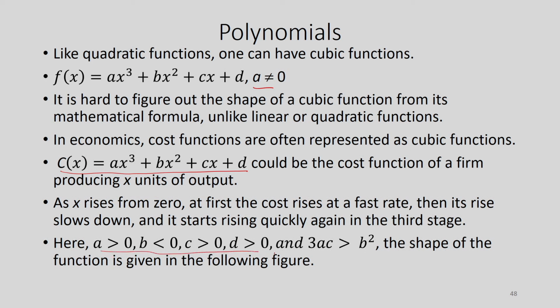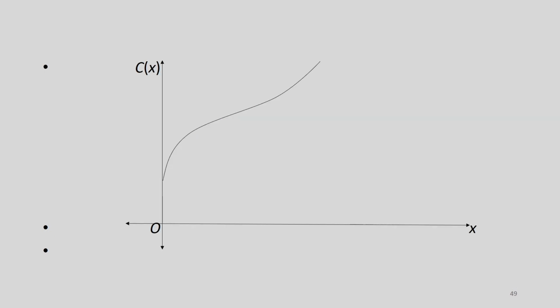That kind of behavior can be represented by this function if we have this sort of pattern of coefficients: a positive, b negative, c positive, and d positive, and you also need 3ac greater than b square. The shape of the function is given by the following figure.